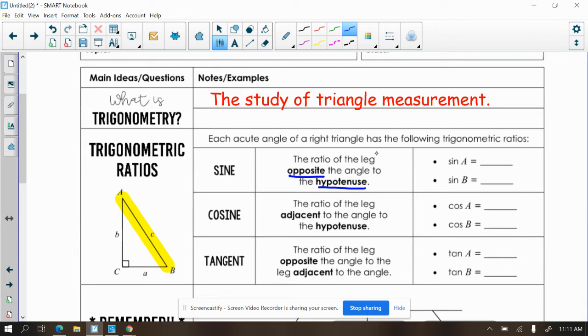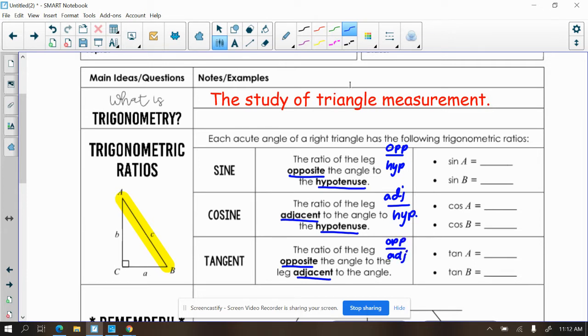A ratio means a fraction, so for sine we do opposite over hypotenuse. Cosine is the ratio of the leg adjacent to the angle and the hypotenuse, so adjacent over hypotenuse. Our last one is tangent, the ratio of the leg opposite the angle to the leg adjacent, so opposite over adjacent.